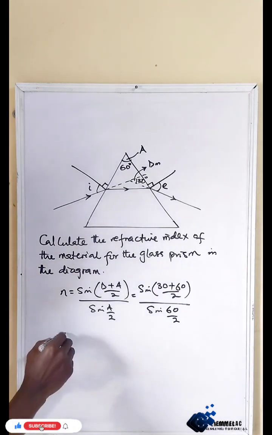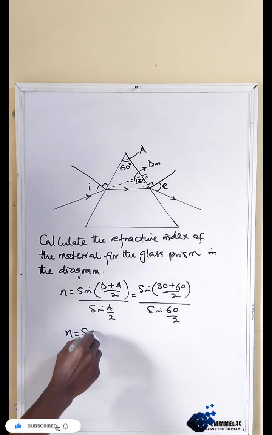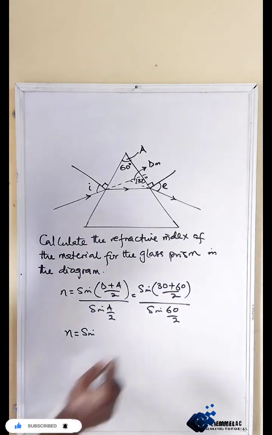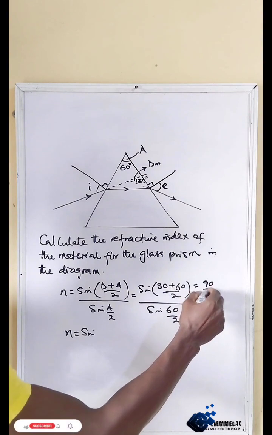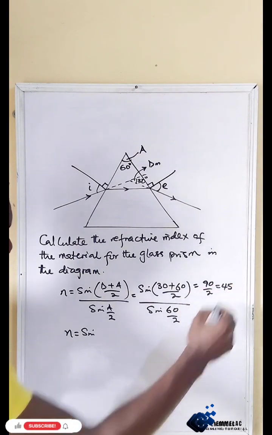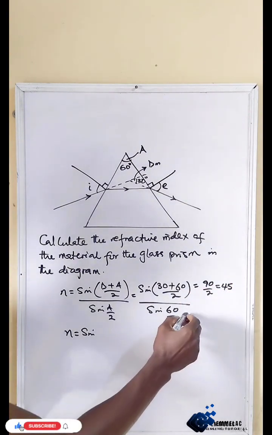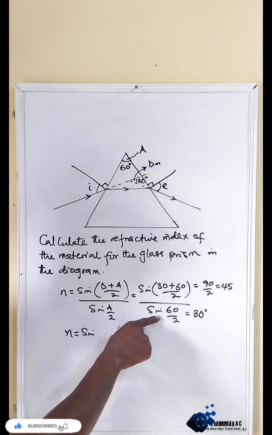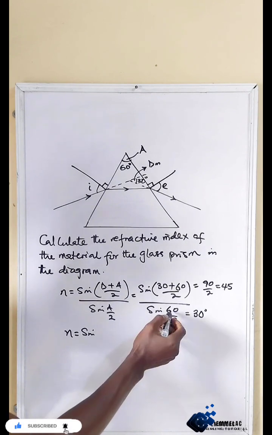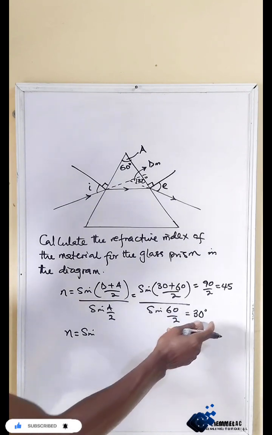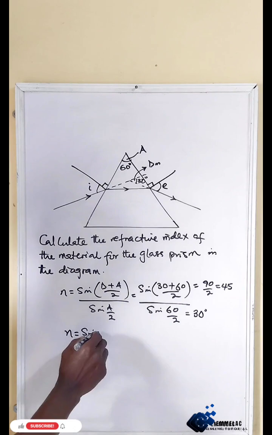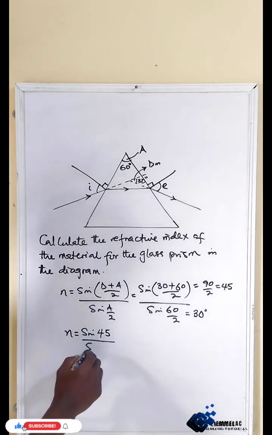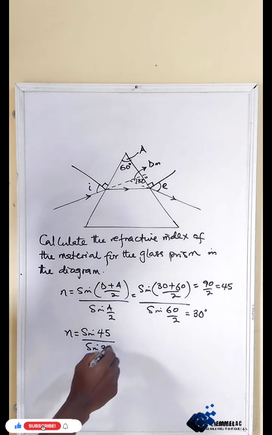Now 30 plus 60 is 90, so this will be 90 divided by 2, which is 45. And 60 divided by 2 gives us 30. So we have sine 45 all over sine 30.